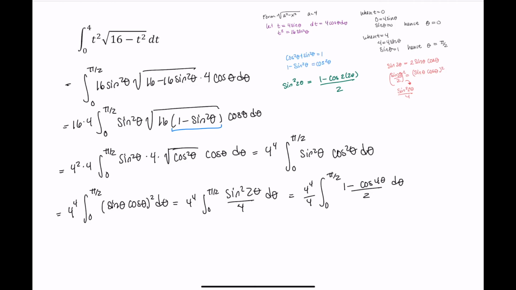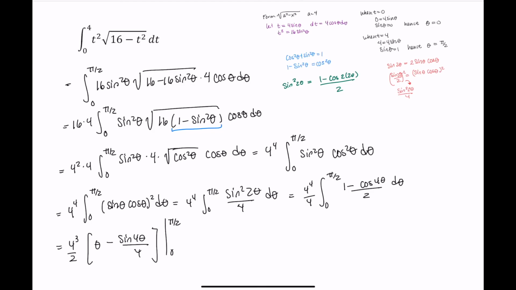Now I can finally evaluate this integral. So I have 4 cubed over 2, and that's just from simplifying these constants here, times theta minus sine 4 theta over 4, evaluated from 0 to pi over 2.